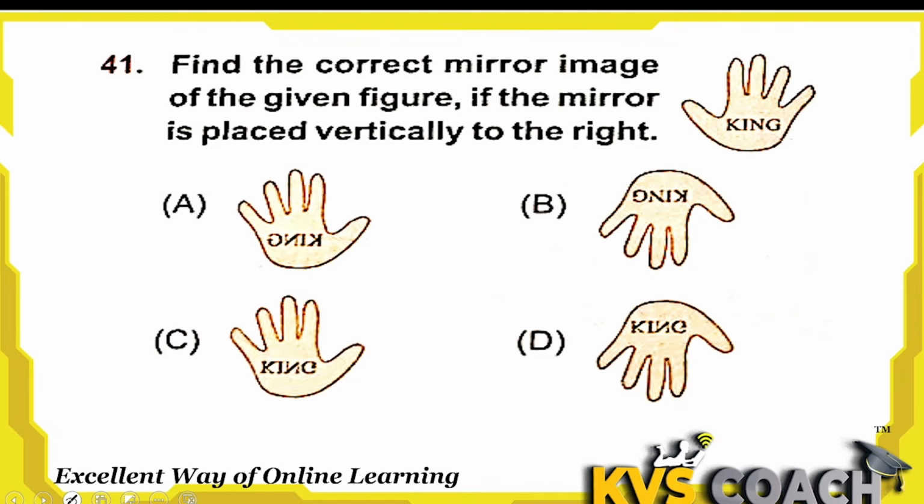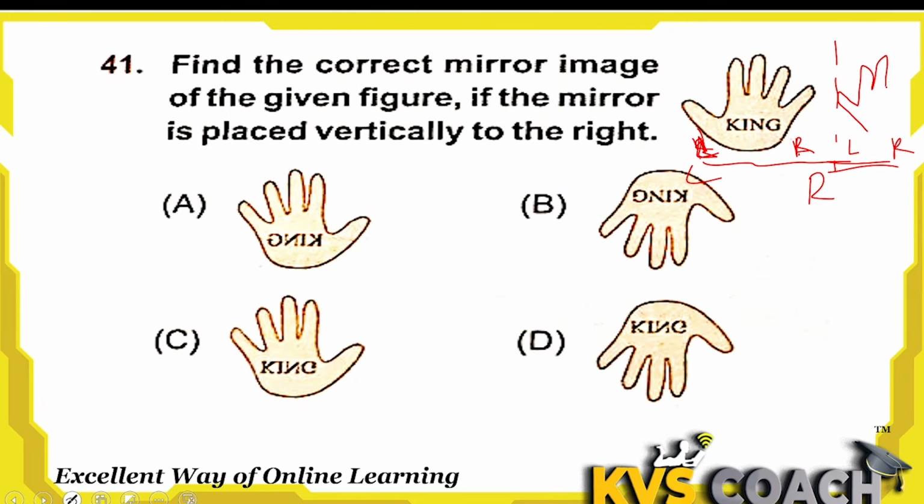Next, find the correct mirror image of the given figure if the mirror is placed vertically to the right. That is placed vertically on the right side. This is the left side and this is the right side. Mirror placed here. Here it is right and here it is left. But in the mirror image, right will become left and left will become right. So this will be like this.